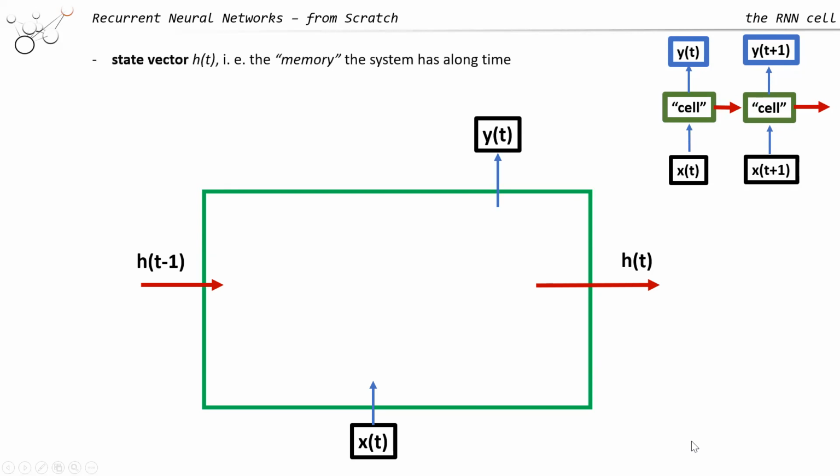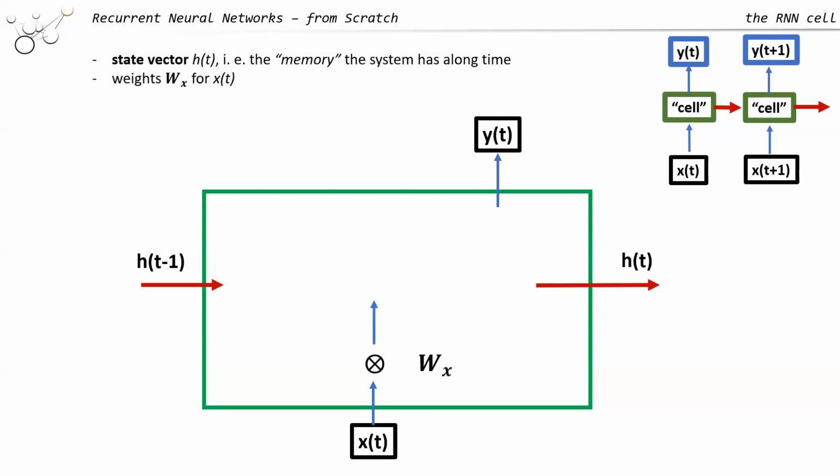So this state vector can be seen as the memory, if you like, because that's the information we pass on from one cell to the next cell. And always think about that if I say passing on from one cell to the next cell, it is the same cell, but we want to run it recursively in time. So the memory propagates in the system a long time.